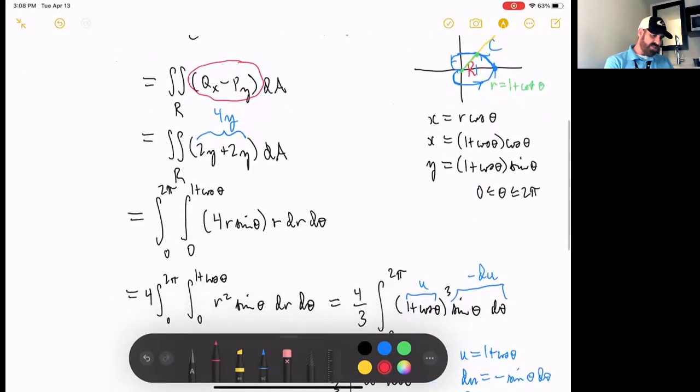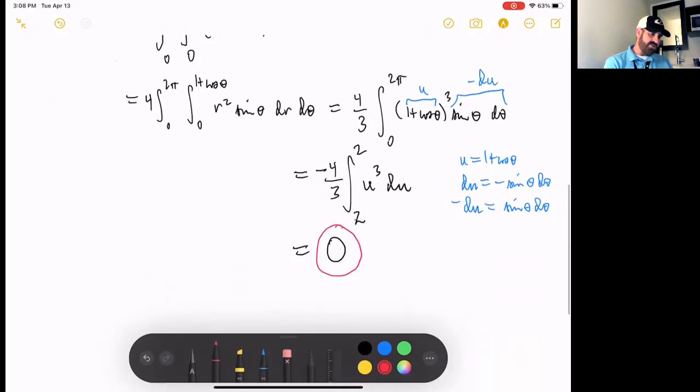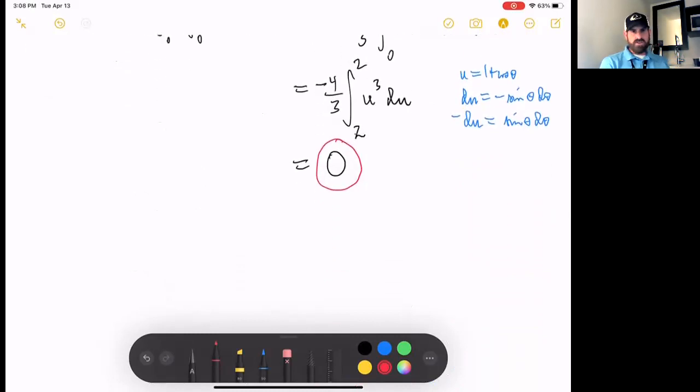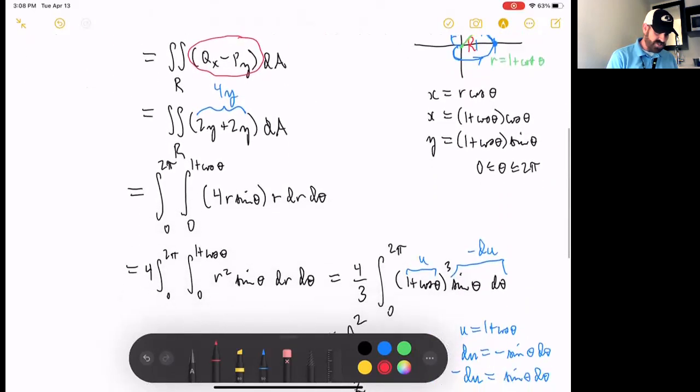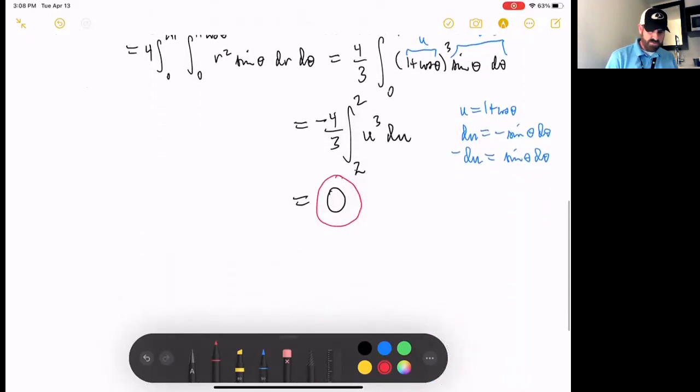So it just so happens that this work integral ends up being 0. There's nothing going on here in terms of the vector field itself being conservative. That's an interesting example, just an interesting application of Green's theorem. Hopefully that's helpful.